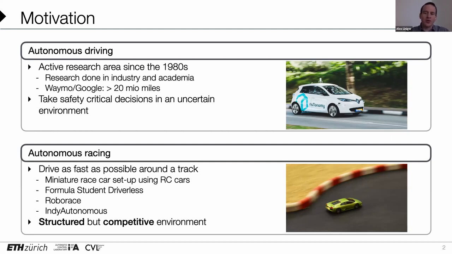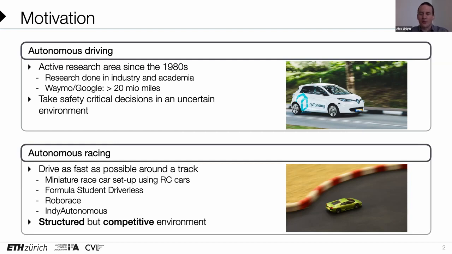For me, the real challenge is taking safety critical decisions, especially when the environment is uncertain. So when you have other cars around you which behave in a hard to predict fashion. This is actually also a problem where game theoretic motion planning is a nice application.